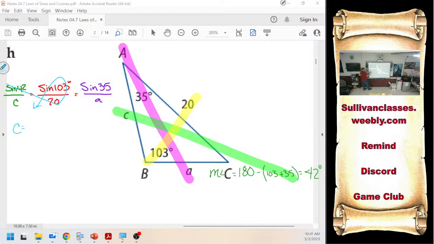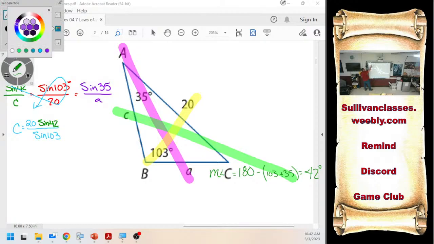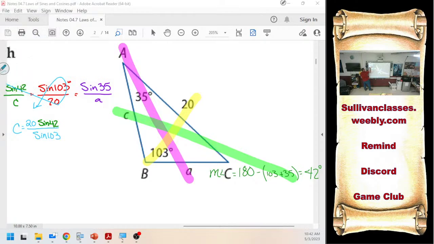So C was 20 sine of 103, and then the sine of 42 went here. Nope. And then over here, if I multiply the two that line up and divide by the one that doesn't, we'll get A is 20 sine of 103, and the sine of 35 goes up top.